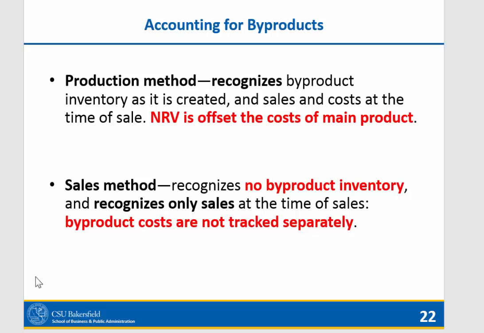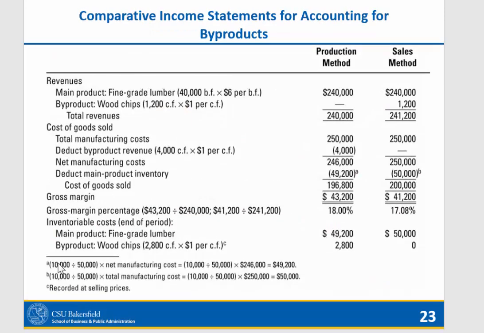What I'm going to do next is go through one particular example to show you how we can do that. This example is from the textbook. We continue with the information we had at the beginning of this video lecture. We have fine grade lumber, and we have sold 40,000 board feet, so we have the following revenues.